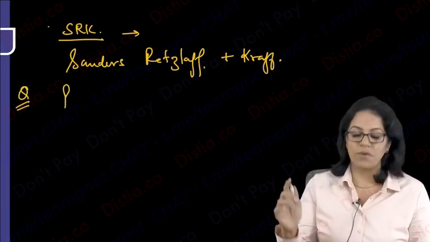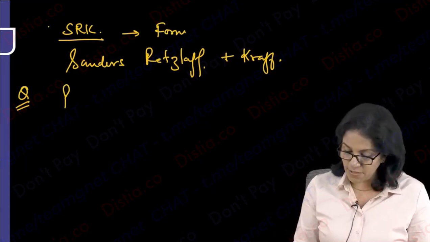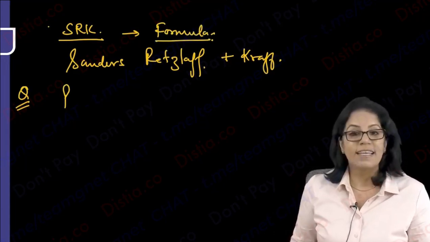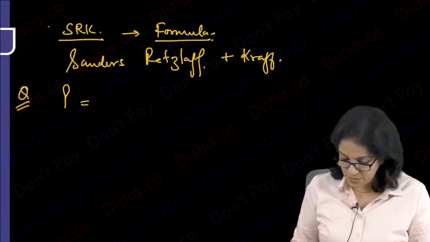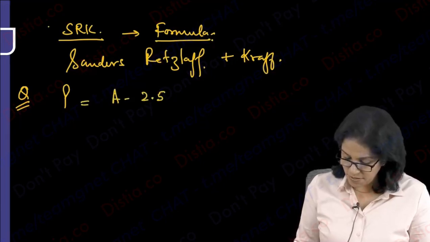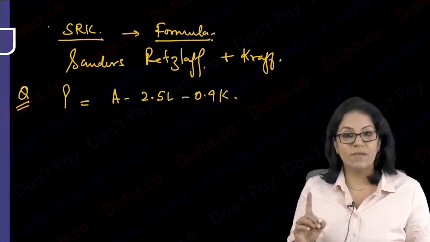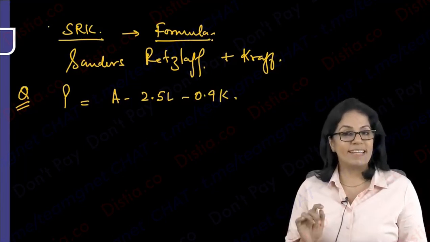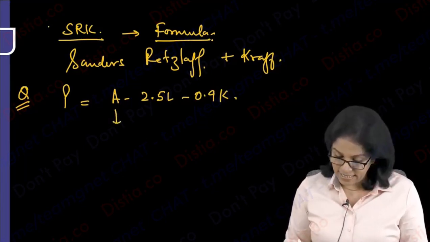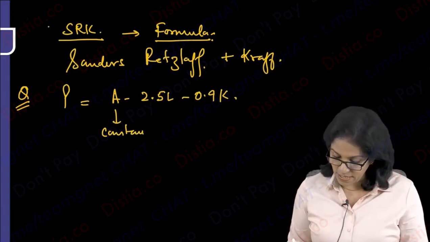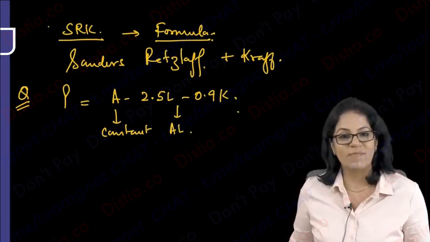What is SRK formula? So SRK formula for calculating the intraocular lens power says that power is equal to A minus 2.5 L minus 0.9 K. A stands for? No, it's not axial length. That's the commonest mistake. A is your constant. Okay. L is the axial length and K is the keratometry reading.